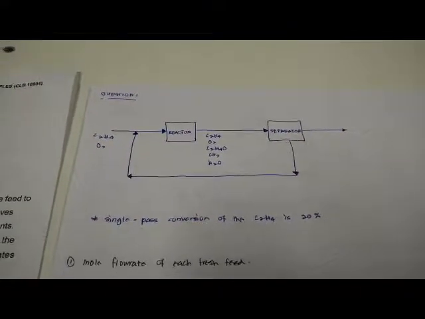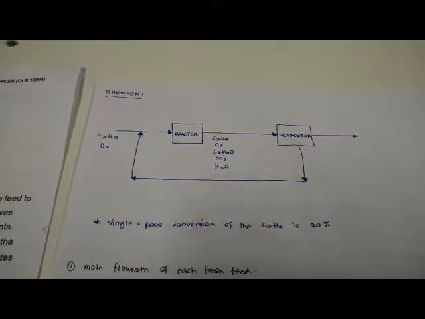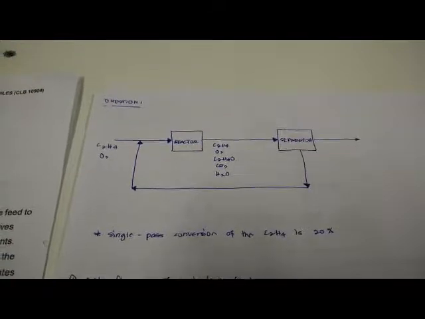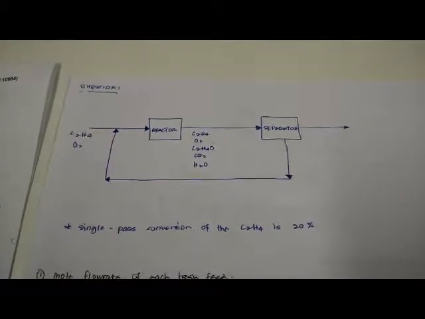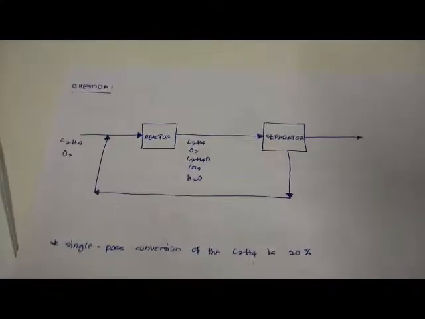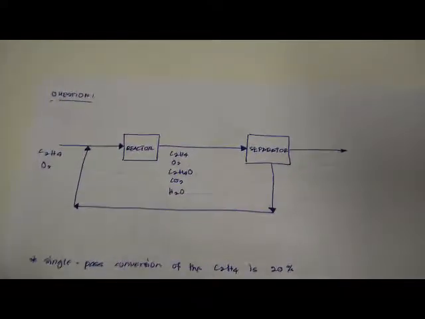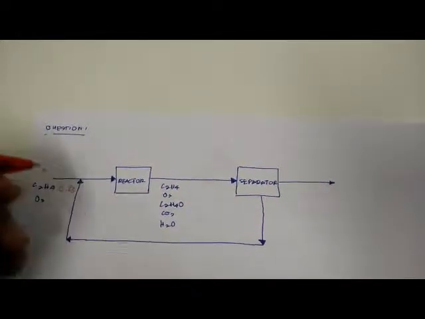Question number 1. This is the diagram that we can get from the question. The feed of the reactor is given as 75%. So when we convert to fraction, it will be 0.75.